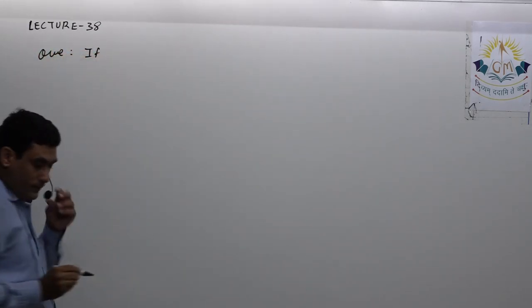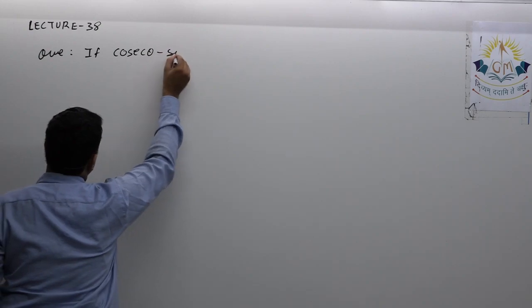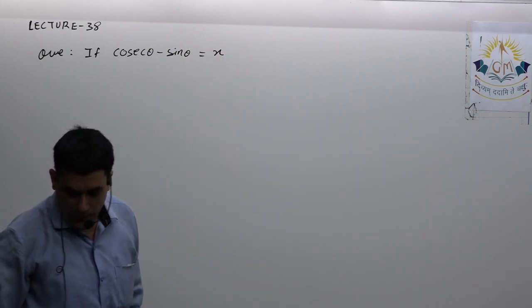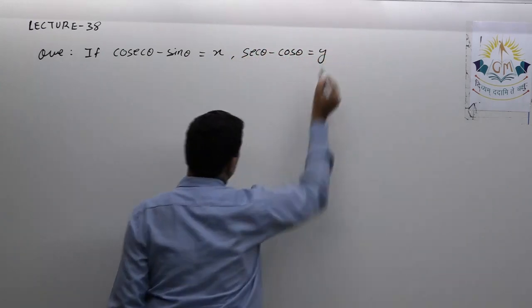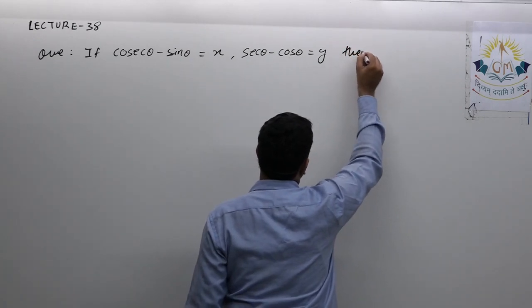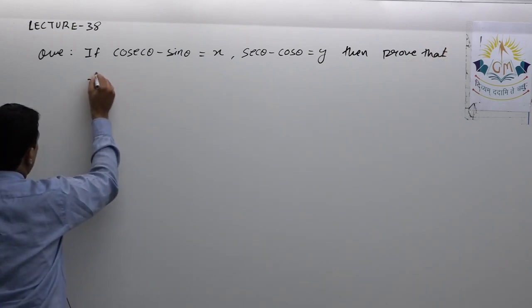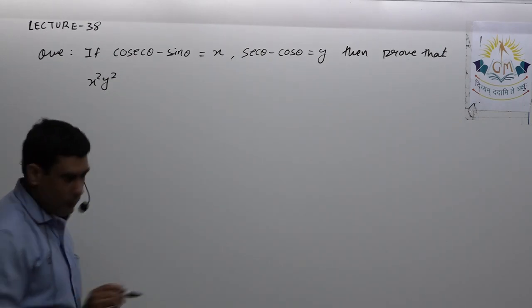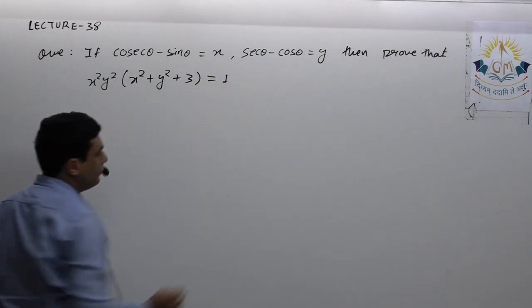If cosec theta minus sin theta is equal to x and sec theta minus cos theta is equal to y, then prove that x square y square into x square plus y square plus 3 is equal to 1.